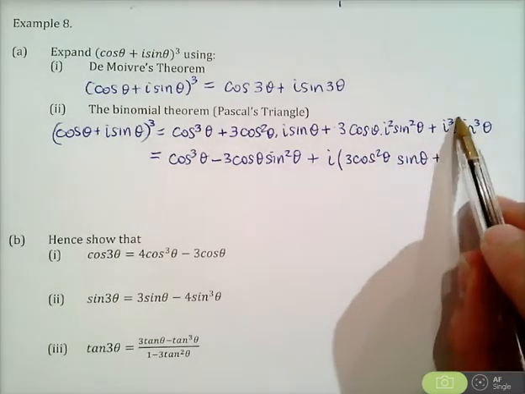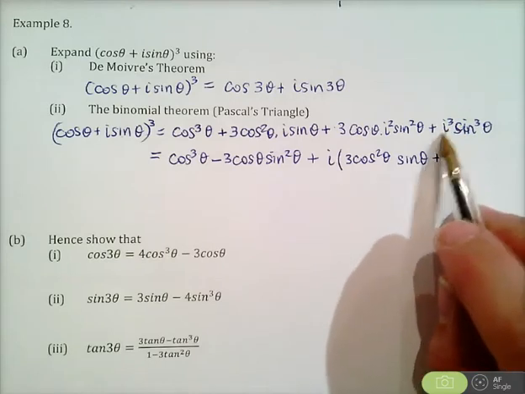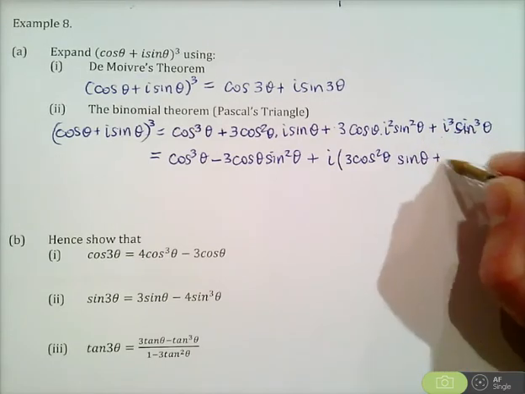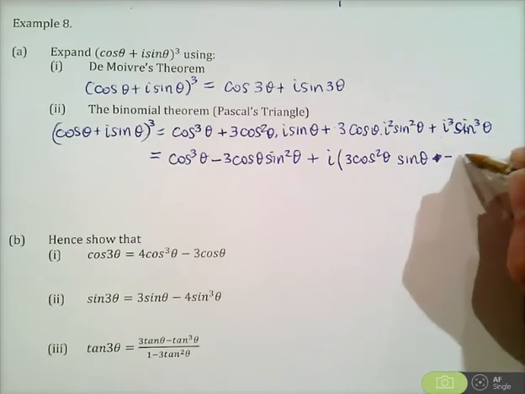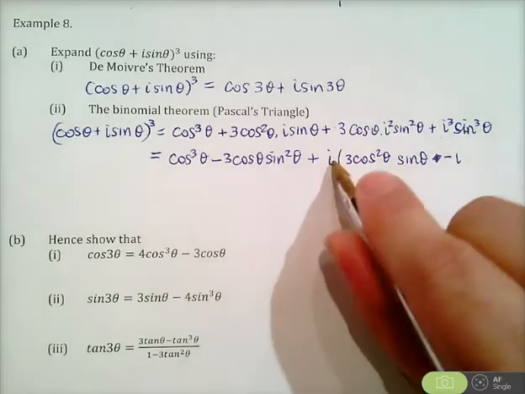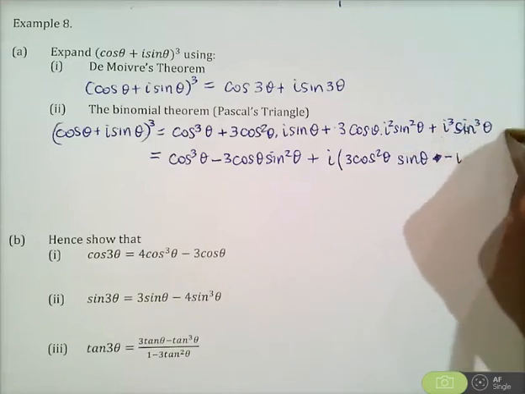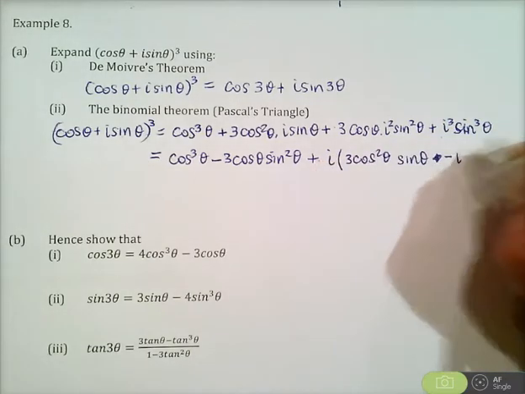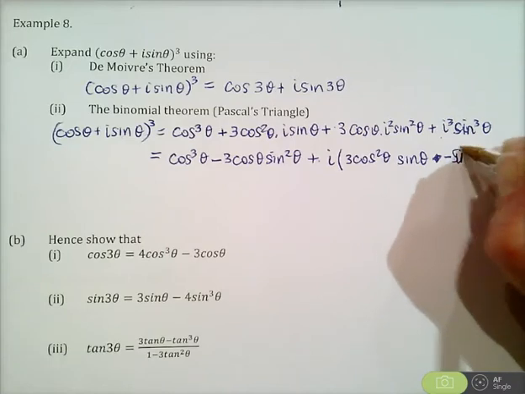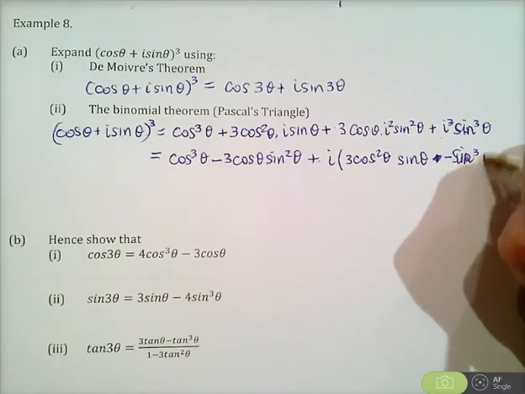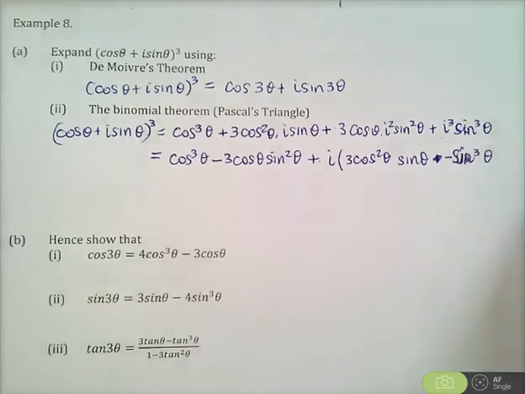And remember i squared is -1, so i cubed will be minus i, so that is minus i sine cubed theta. Sorry, I'll just fix that up, one sec.